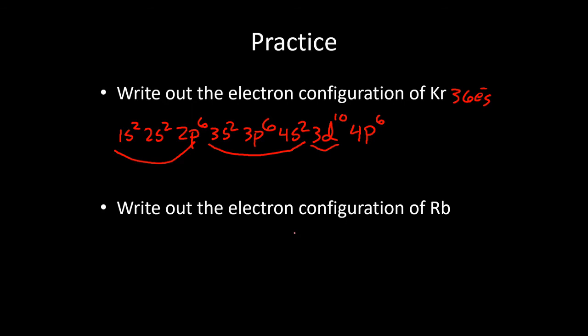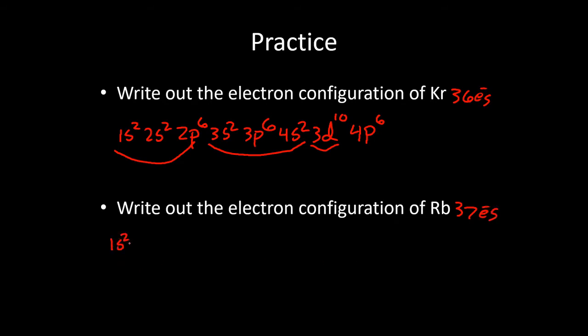All right, what about rubidium? Rubidium, if you look at the periodic table, actually has 1 more electron than krypton does. It has 37. So we're just going to do the same thing.